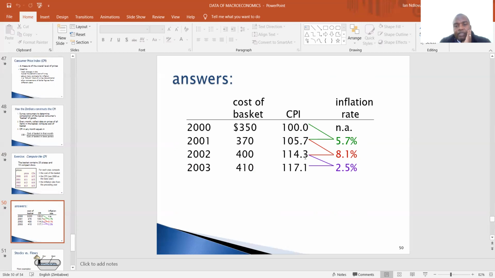For instance, 105.7 minus 100, we get 5.7.